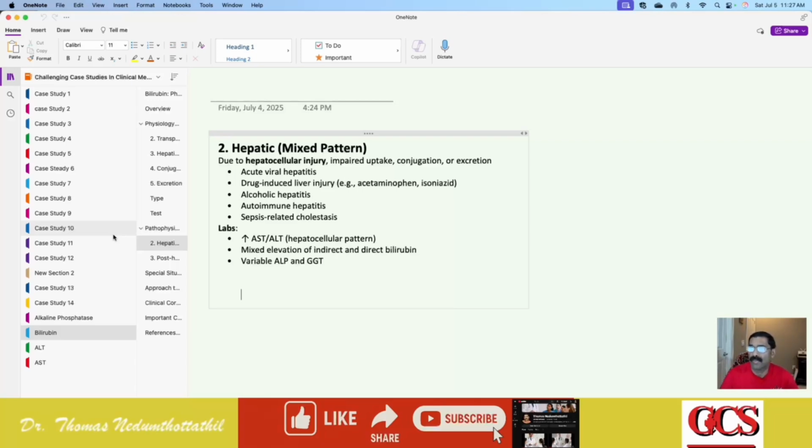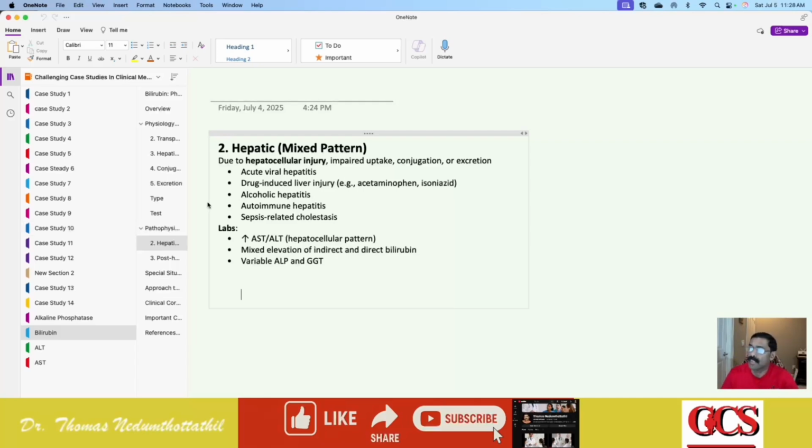Conditions associated with hepatic causes of hyperbilirubinemia include acute viral hepatitis, drug-induced liver injury as happening in acetaminophen toxicity and toxicity due to isoniazid, and other hepatotoxic medications, alcoholic hepatitis, autoimmune hepatitis, and sepsis-related cholestasis.